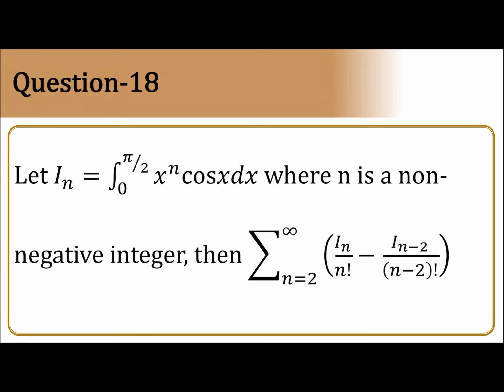Example 18. So In is equal to integral 0 to pi by 2 x to the power n cos x dx, where n is non-negative integer, then summation n is equal to 2 to infinity In by n factorial minus In minus 2 by n minus 2 factorial.